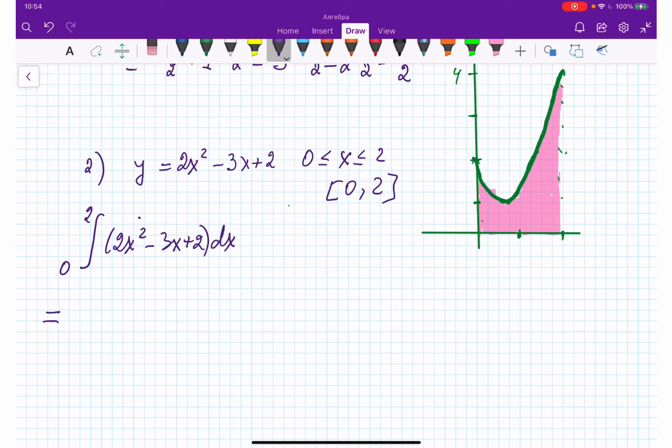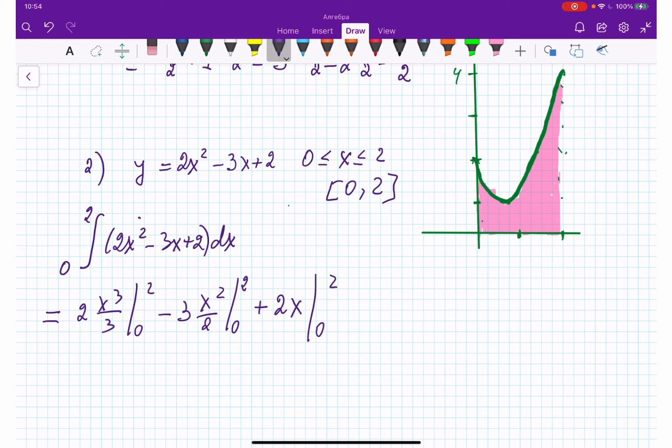I'm going to break it down: x cubed over 3 from 0 to 2, minus 3x squared over 2 from 0 to 2, plus 2x from 0 to 2.